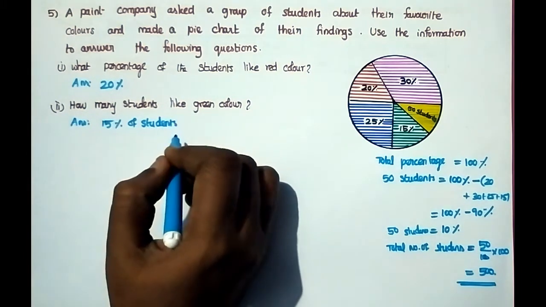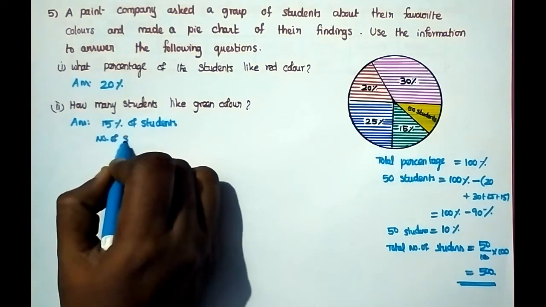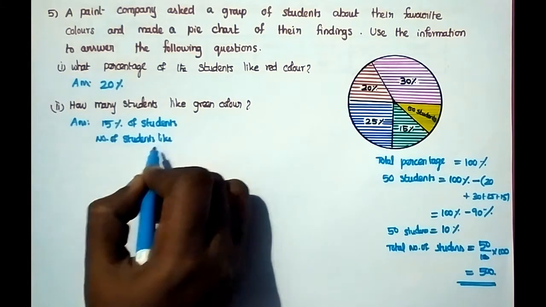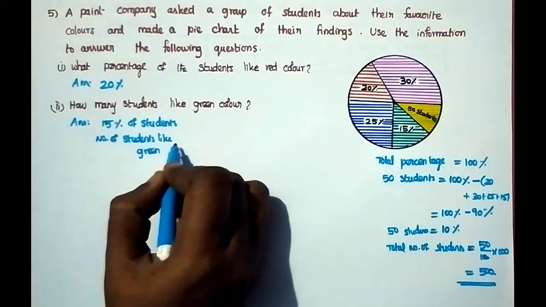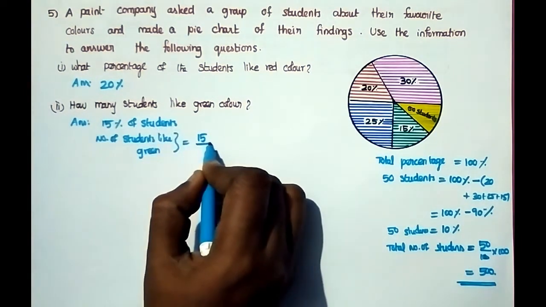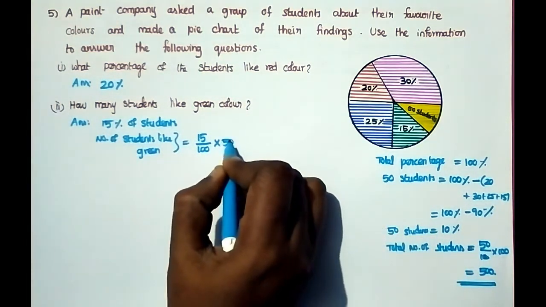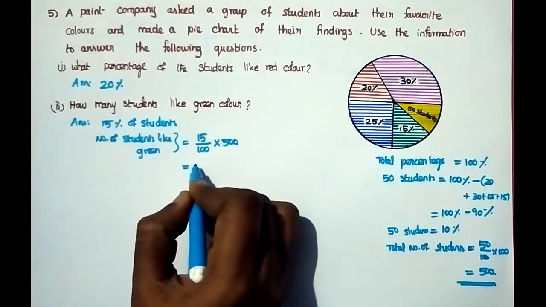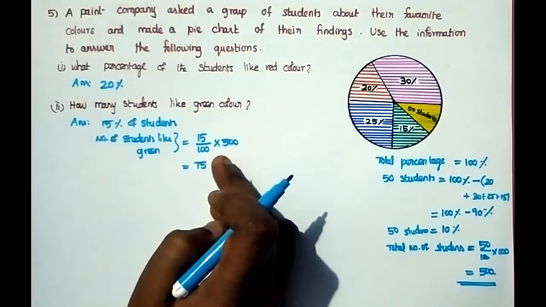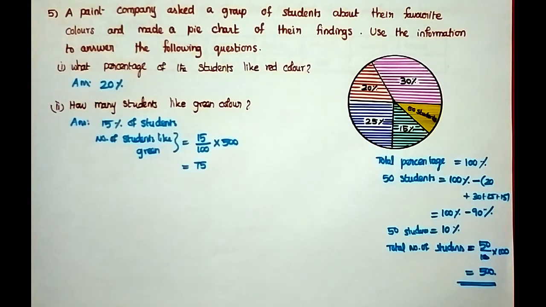So number of students who like green color means 15 divided by 100 into total number of students 500, we get 75 students. 100 and 500 cancelled, 5 times 15, 5 fives are 75 students. That is the answer.